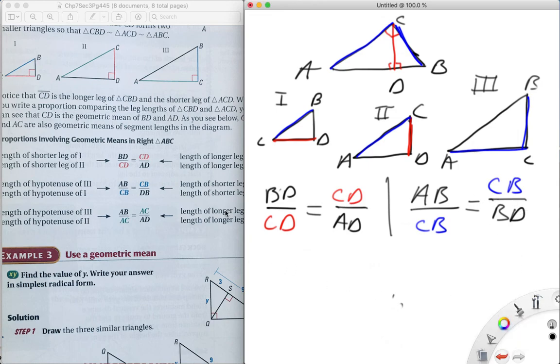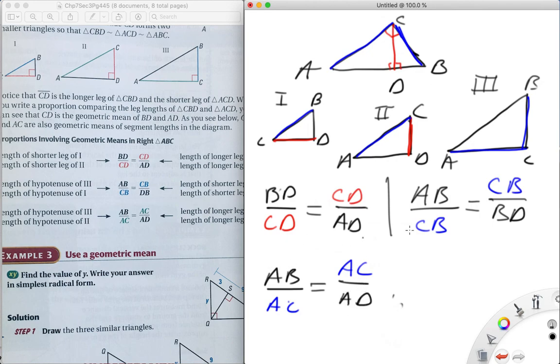Then we're going to do the hypotenuse again for the big one. The hypotenuse of 3 over the hypotenuse of 2, AC, is the same thing as the long leg of the biggest triangle over the long leg of the medium triangle.